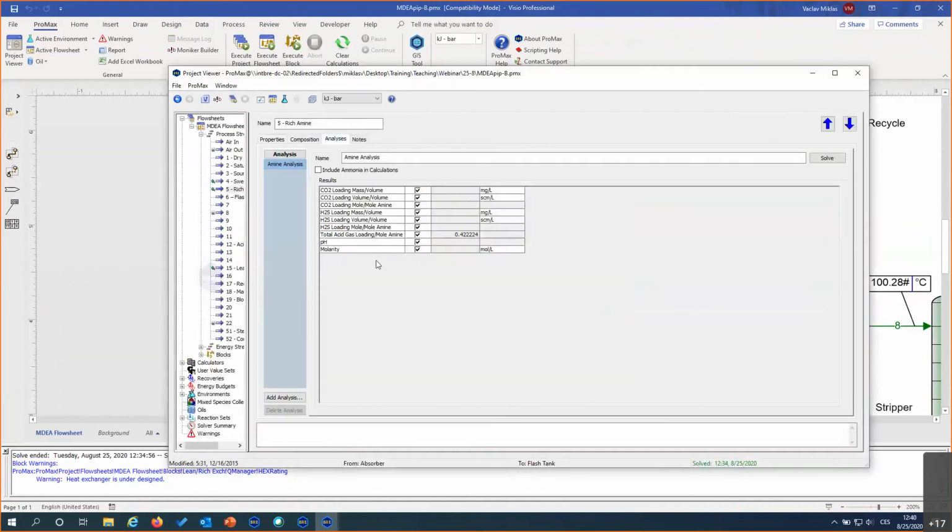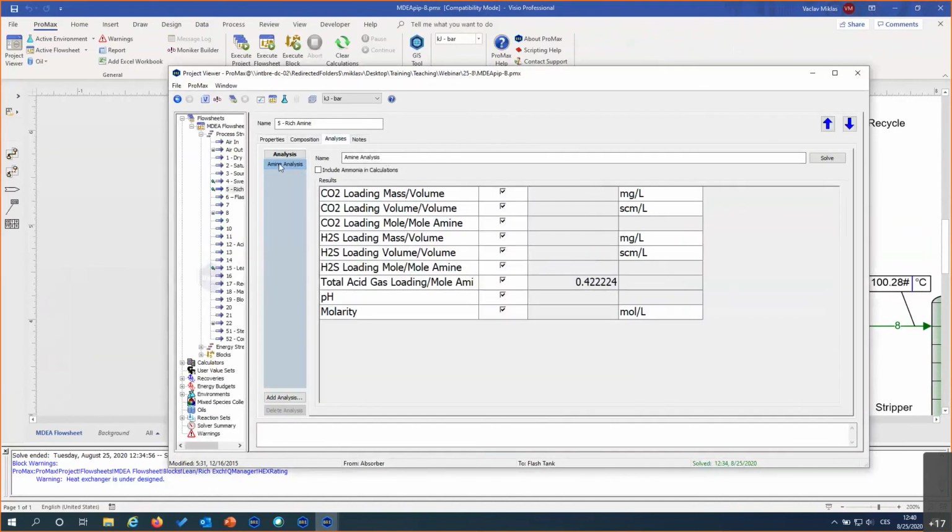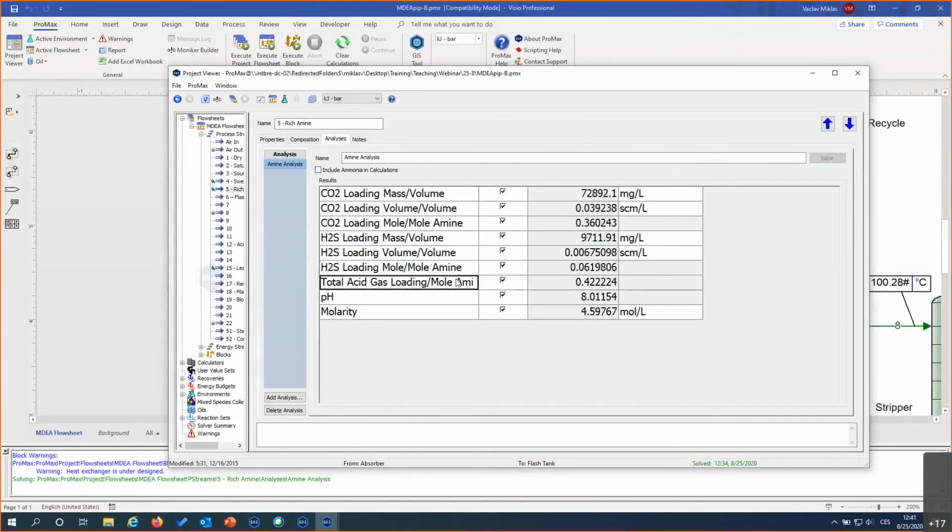If you go to analysis, here is an amine analysis created for us, and one of the results is total acid gas loading mole per mole, which basically is a fraction of the moles of H2S and CO2 combined, divided by the moles of amine. And by amine, I mean MDA and piperazine in this case.